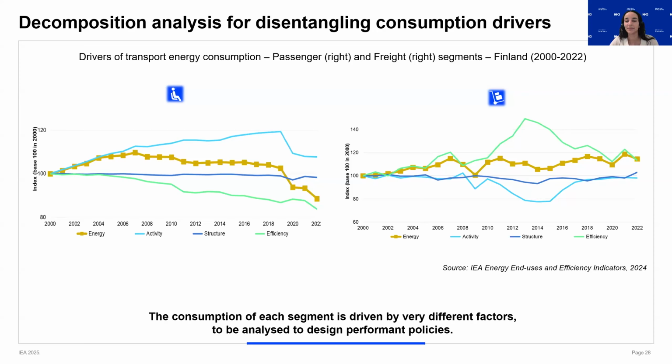In this slide here, in the passenger segment on the left, efficiency gains have compensated for increased activity overall, leading to a stable consumption. And on the freight side, on the right, efficiency deteriorated, probably through lower load factors to accommodate more stringent deadlines, for instance.